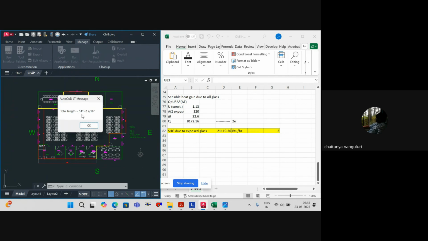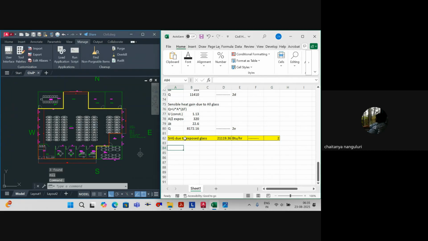Automatically I get the total length, which is around 141 feet 2 7/16 inches, so around 142 feet. Shall I take it approximately? So the total length of our partition wall is around 141.2 or 142.5. I'll take it for our rough calculations. You agree?